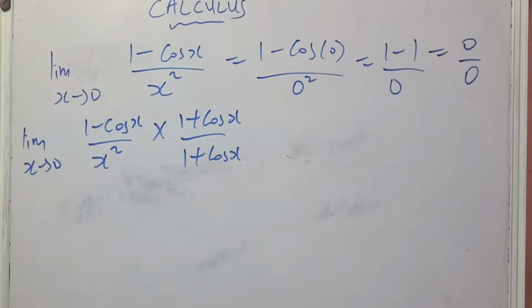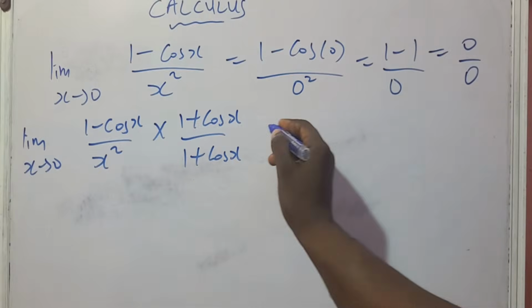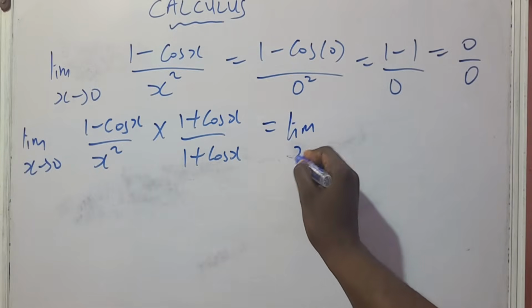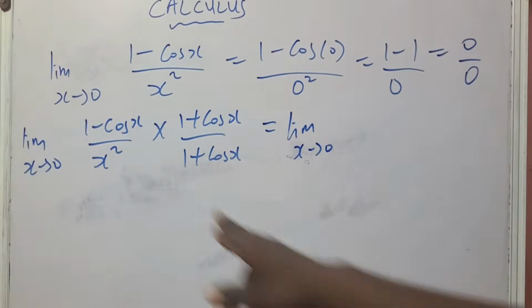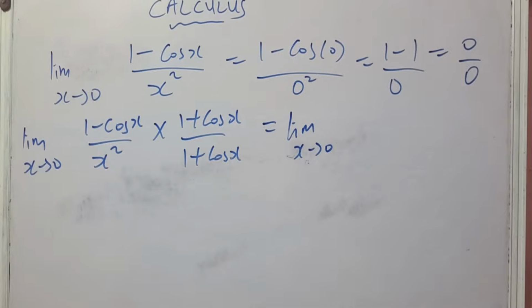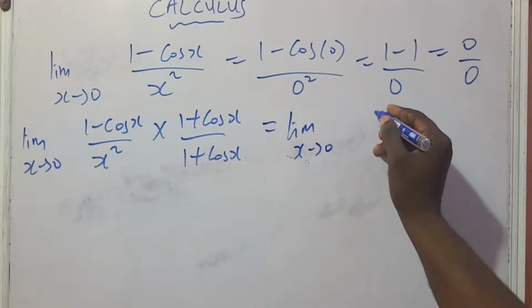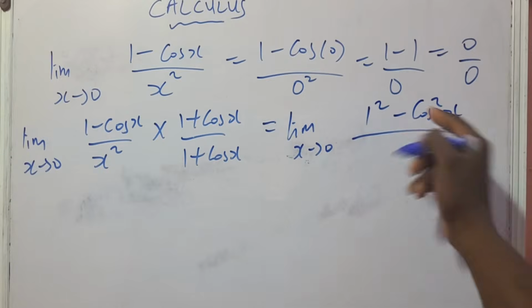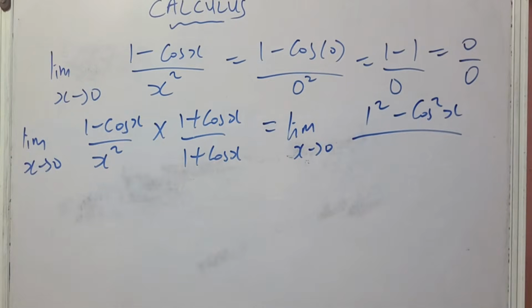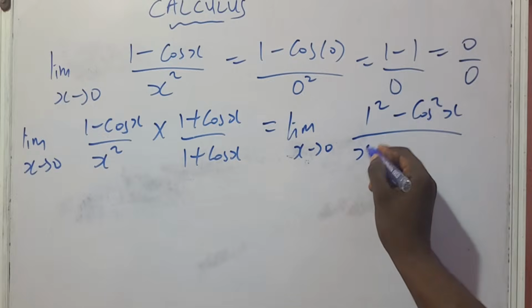So what do I get right here? If you go on to solve this, this times this is obviously the outcome of difference of two squares. So I know that this times this will give me 1 squared minus cos squared x. This is from the theory around difference of two squares. And what I have as denominator will be this.